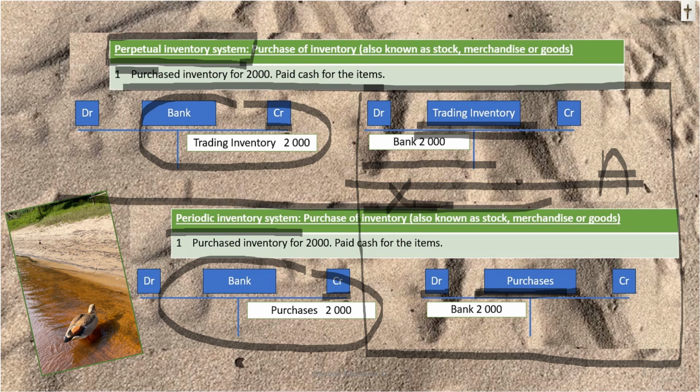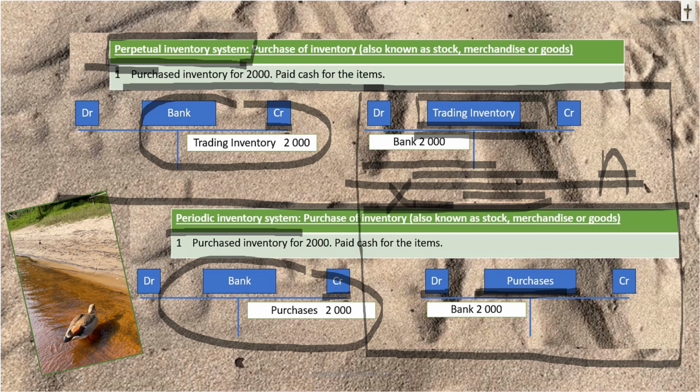But in the perpetual inventory system, all transactions relating to stock, when stock is bought or sold, or the owner takes stock for his or her own use, will be recorded in the trading inventory account.